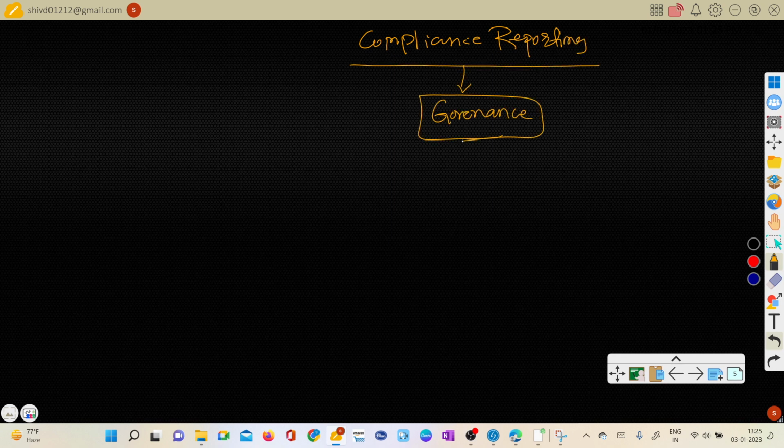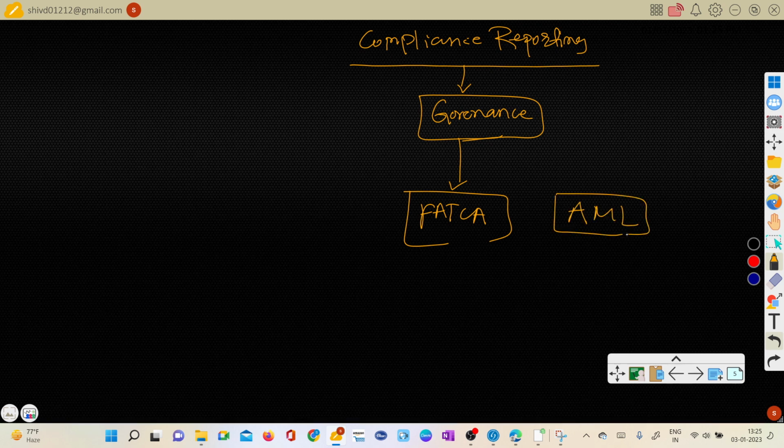For example, FATCA, Foreign Account Tax Compliance Act. As per that, you need to check your foreign accounts if you have any. Or AML, anti money laundering, to check all the bank statements on a periodic basis and find any miscellaneous or suspicious transactions, to avoid any kind of fraud again.